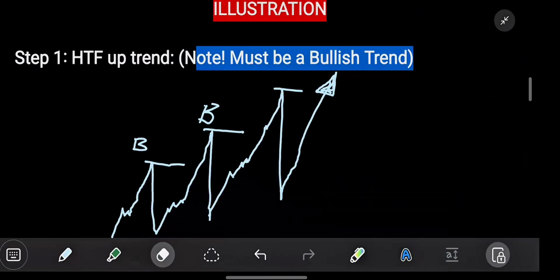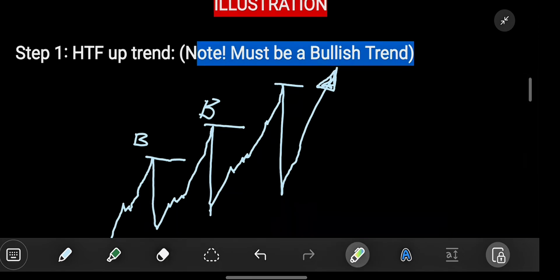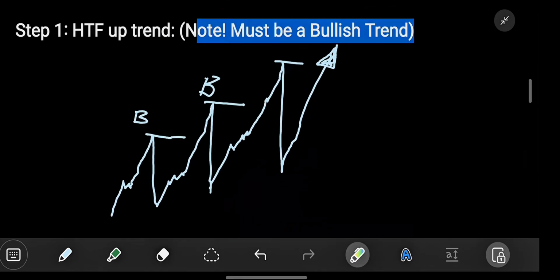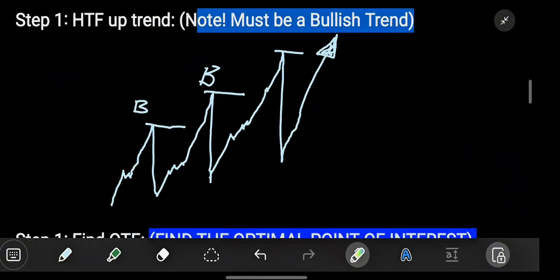so here's an illustration of firstly how you have to find the main bullish trend when it comes to this. So the only thing that we're looking for on this one and the higher time frame is just breaks right there, and there.